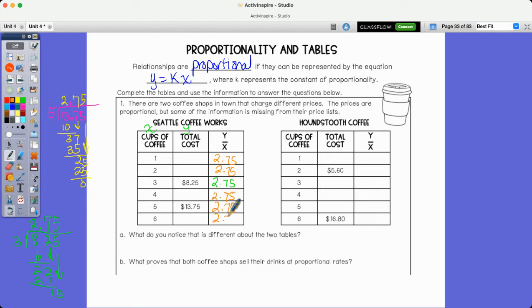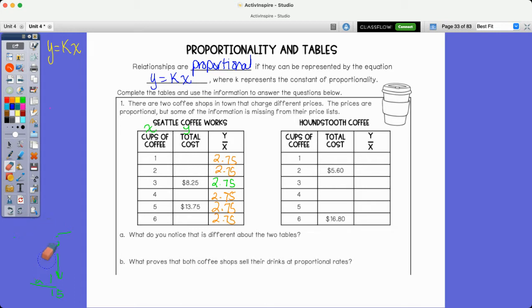Now, how am I going to find all of my total costs? Well, if I divided to find it, I can multiply to find my y. And that is where y equals kx comes in. Remember, y equals kx is what we wrote right here. Let me give myself some space here.